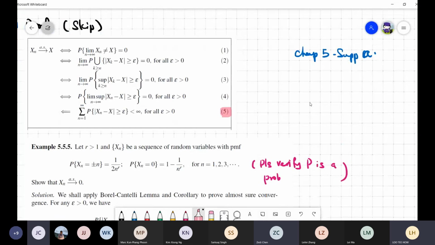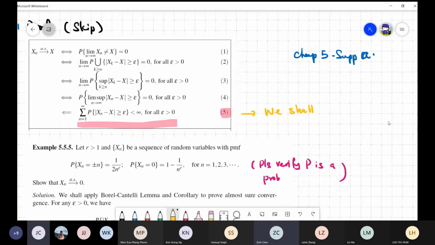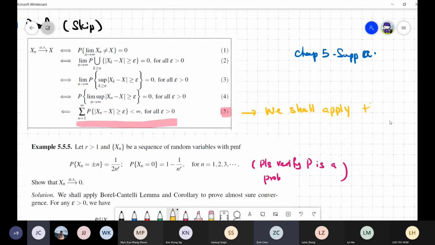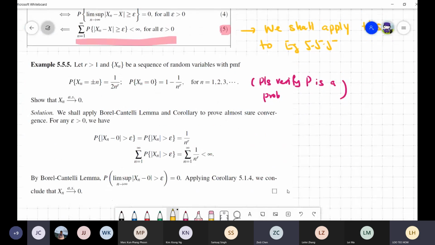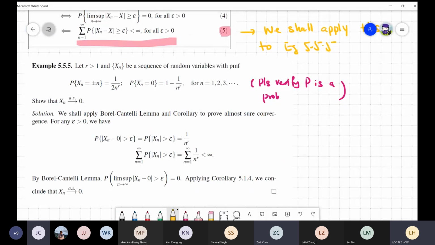So in this question, we're going to apply this to example 5.5.5. Just do it one by one.